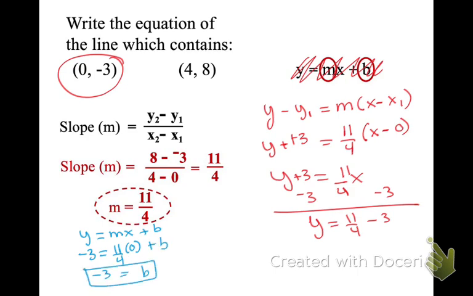But we're not done. This is what kids forget to do. You have to put it back into y equals, the m is 11 over 4, x minus 3. So one of two ways, and I want you to split it up and practice both.